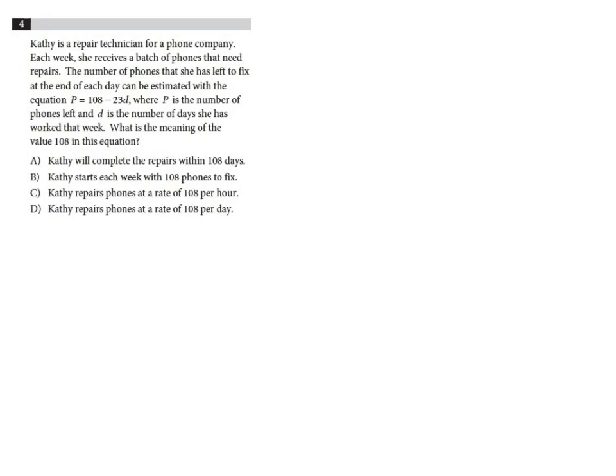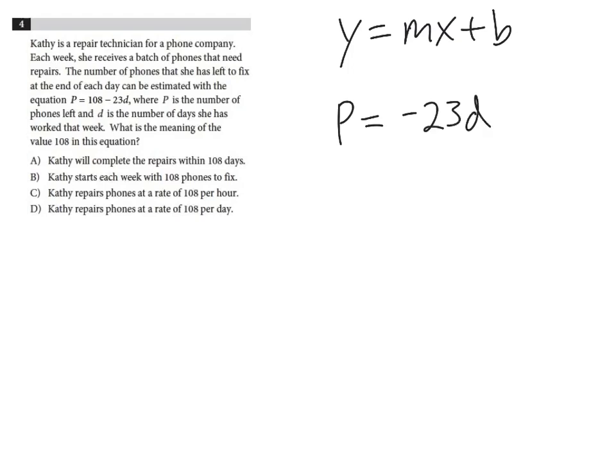Well, we should recognize right away that this is a linear equation. I'm just going to rewrite it in slope-intercept form. Okay, so we can see that 100 is the y-intercept of the function.